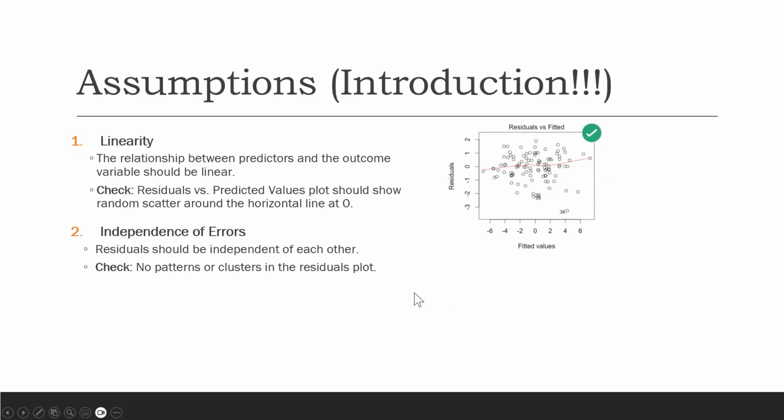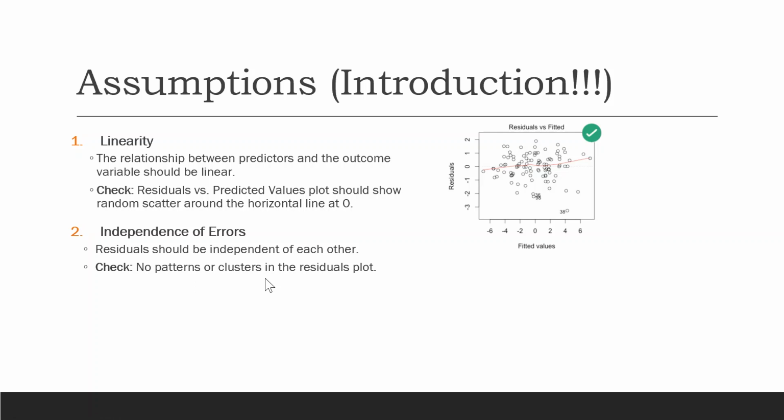The next assumption is independence of errors. The residuals should be independent of each other. If they're not independent of each other, then we may be missing some important variable, or there may be some other issues with our actual model. To check this assumption, we're going to use this same exact graph, the residuals versus the predicted values, and we don't want to see any patterns or clusters in the residuals.